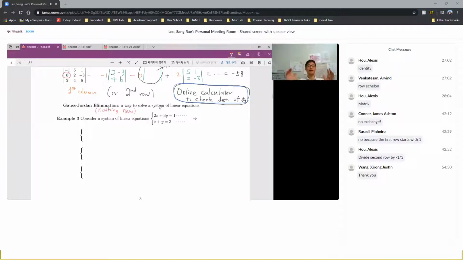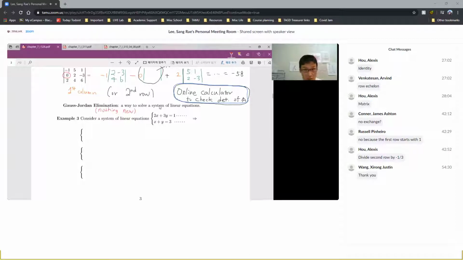Okay, the idea is, well, we can find eigenvector by solving system of linear equations. Look at the system of linear equations in the very next line. 2x plus 3y equals 1, and x plus y equals 3. This is easy. Everyone knows it. So that's why this method is nothing new.